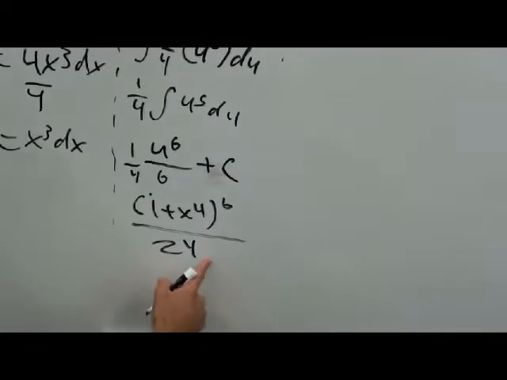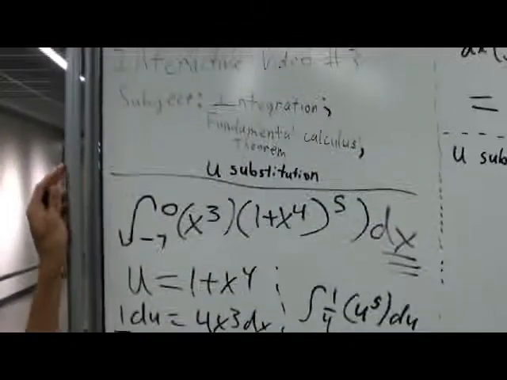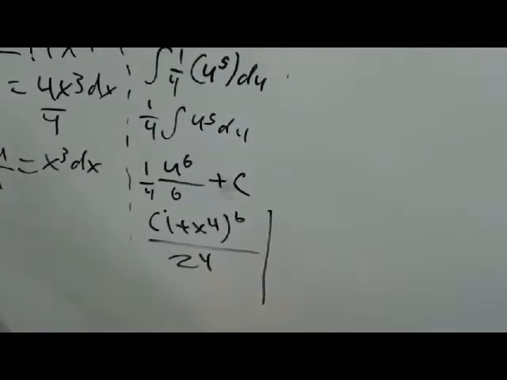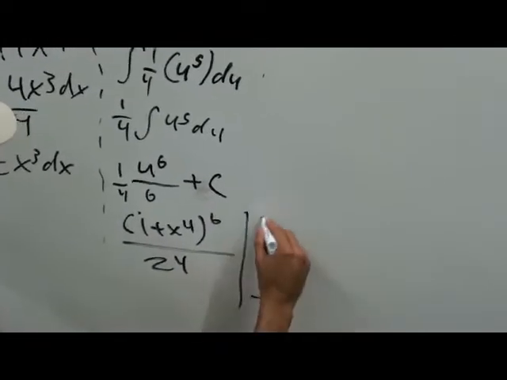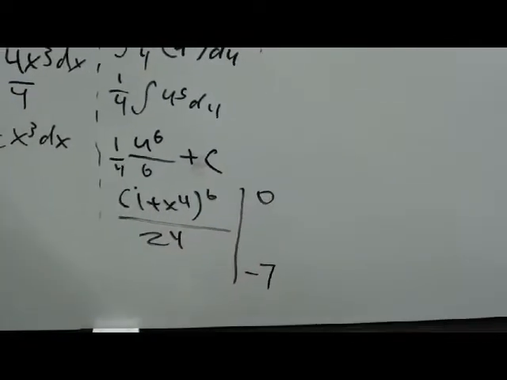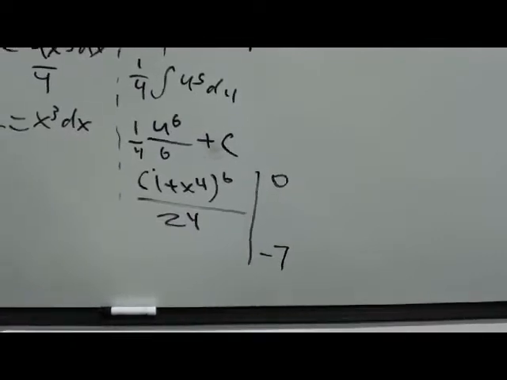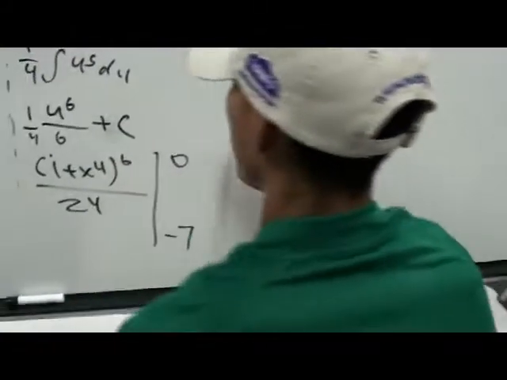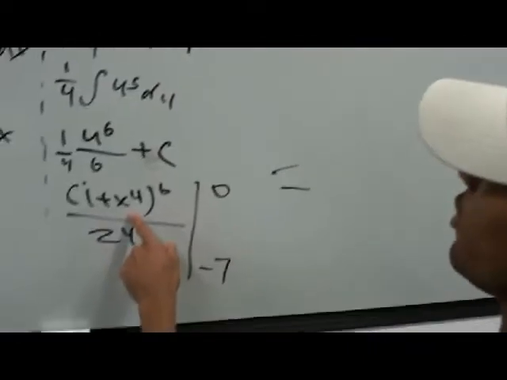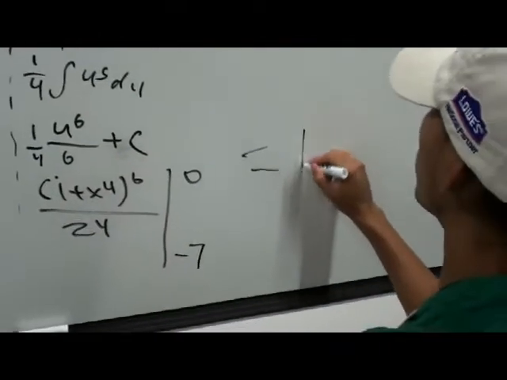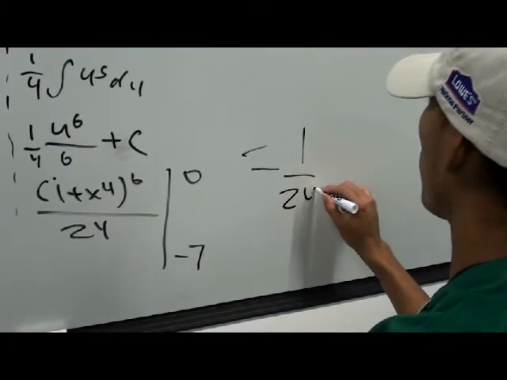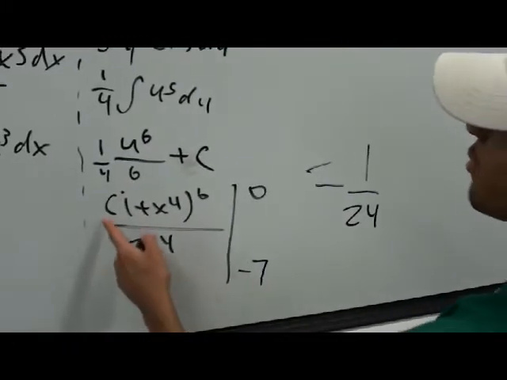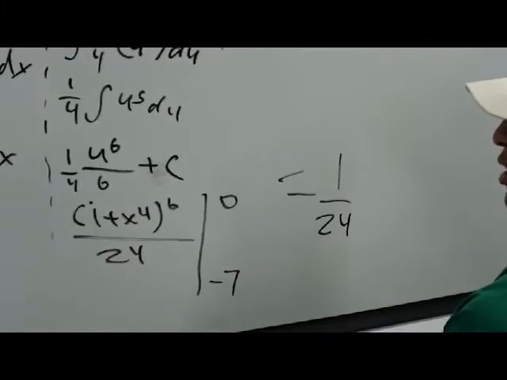But remember, when we come back to x's, we have bounds for our x's. So we actually can go and evaluate this integral from -7 to 0. This will be really, really easy because if we put 0 in everywhere you see x, that gives us 1 over 24. When you put -7 in here, it's not quite as cool though.